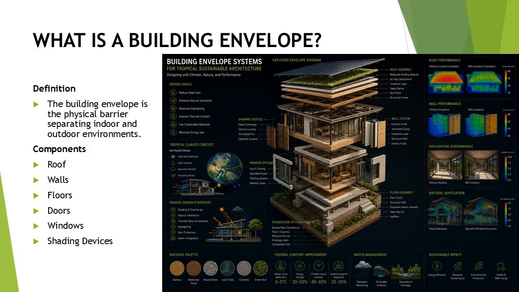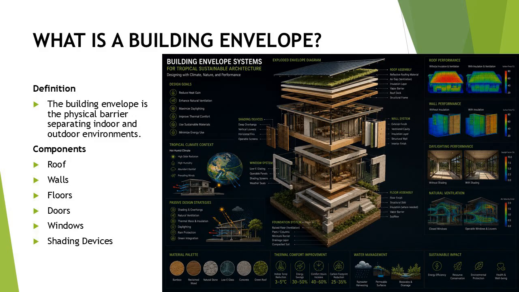The building envelope can be understood as the interface between people and climate. Everything outside the building envelope belongs to the external environment. Everything inside the envelope belongs to the internal environment. The envelope regulates heat, light, air, moisture, and sound.